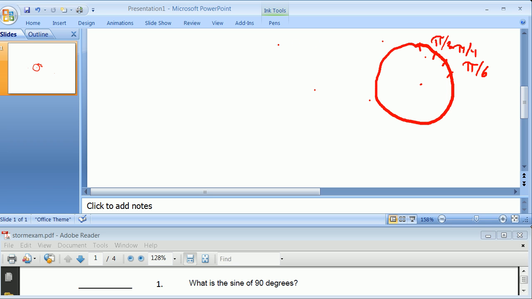Those turned out to be, if you remember, the first value would be less than the second value. So for pi over 3, the cosine was 1/2 and the sine is the square root of 3 over 2. And you have to know then the tangent becomes the square root of 3, because this emerges in the top or the bottom.